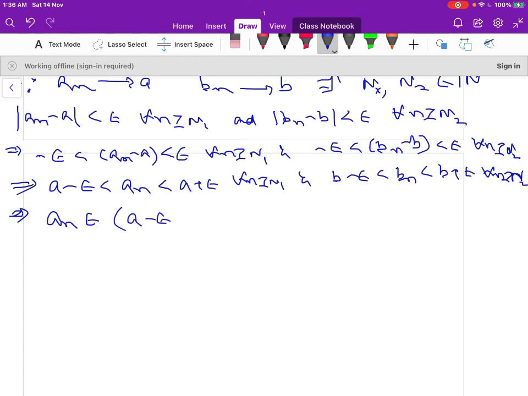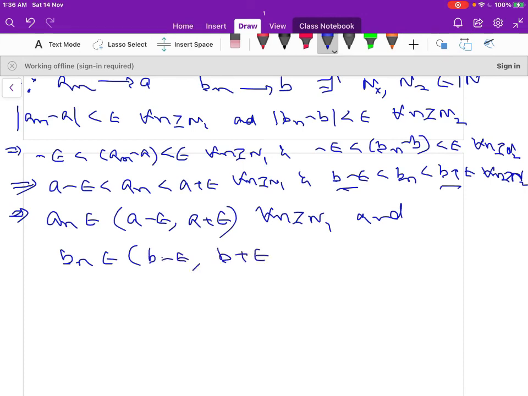This implies an belongs to the open interval a minus epsilon comma a plus epsilon, true for all n greater than or equal to n1, and bn belongs to the open interval b minus epsilon comma b plus epsilon, true for all n greater than or equal to n2.